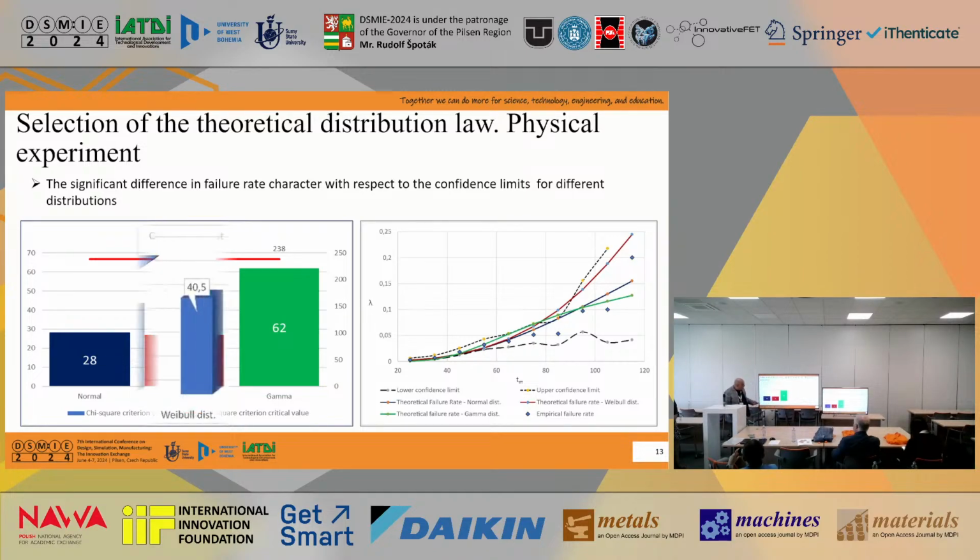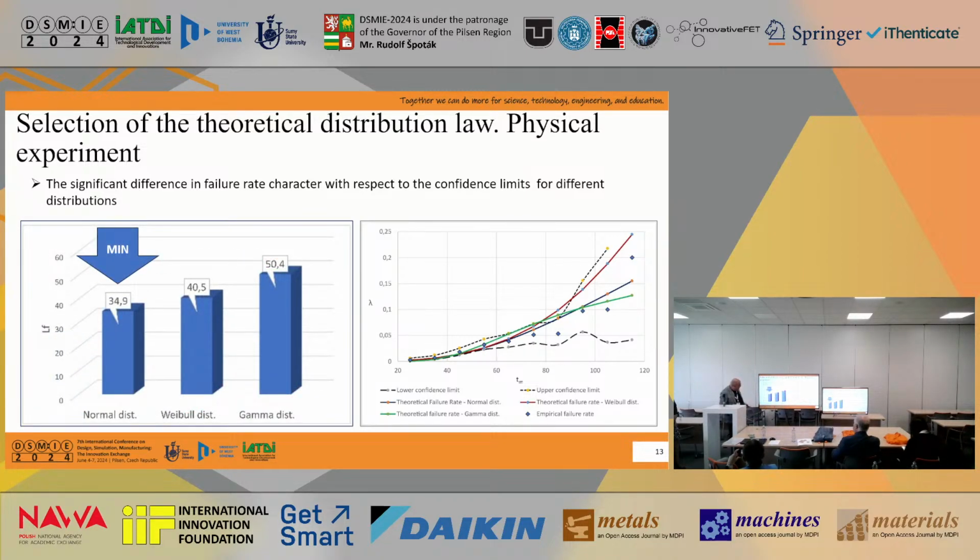So based on the developed criterion, we found that the minimum value of this criterion is for the normal distribution. Based on this, we can choose the normal distribution for this process.